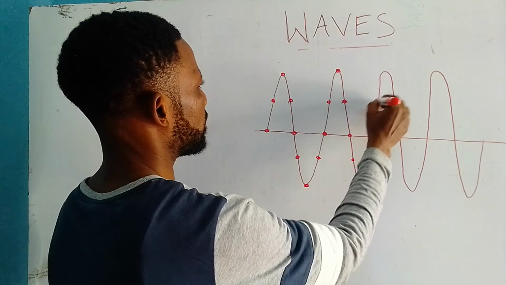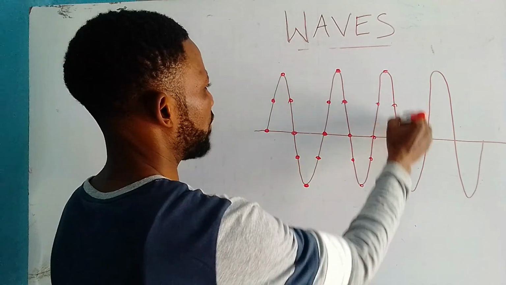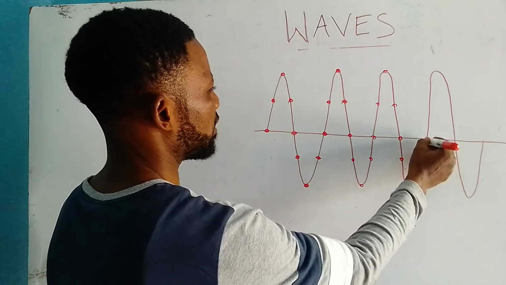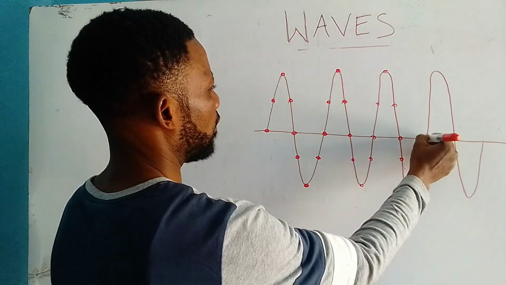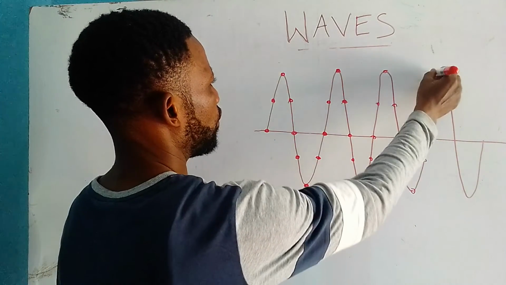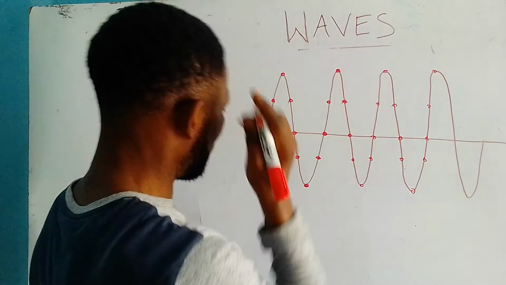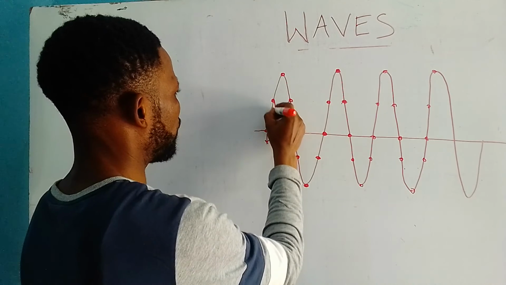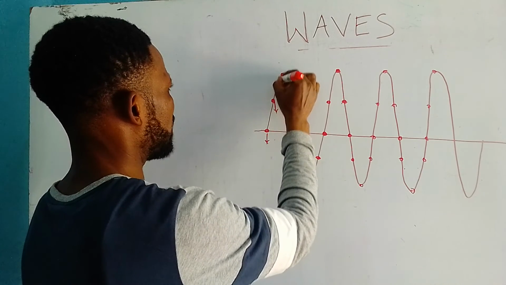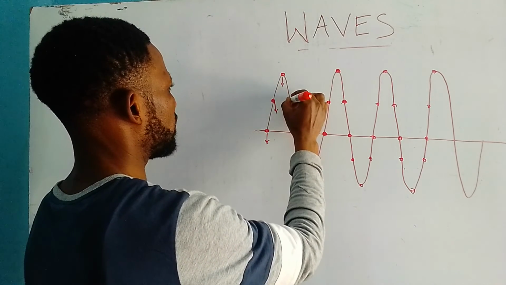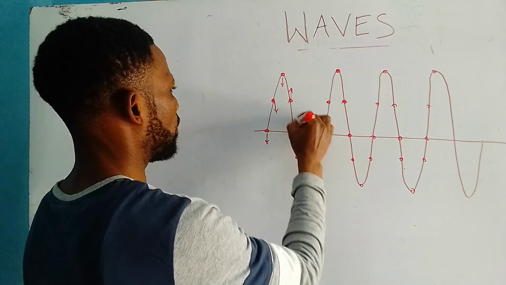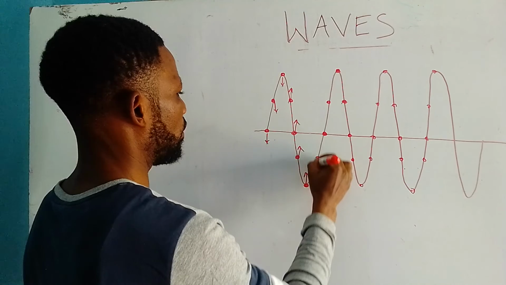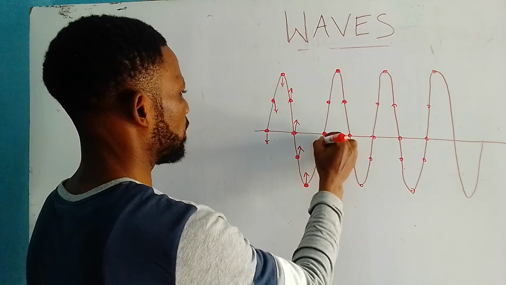These are vibrating particles. Consider these to be vibrating particles along the wave profile, such that this particle is moving down. This particle here is moving down. This one here is moving down. This one is moving up, up, up, up, down, down.